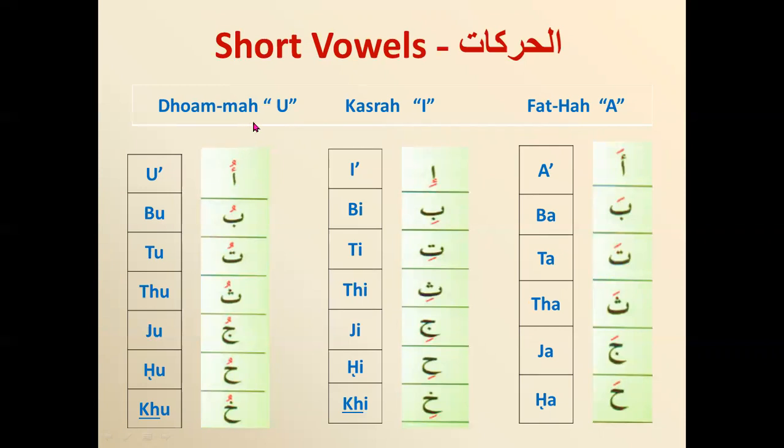Next, the Dhamma, which has a sound of U. The same example, we have hamza dhamma, and how do you read this one? U. Ba dhamma, bu. Ta dhamma, tu. Sa dhamma, thu. And so on. So we have ju, hu.